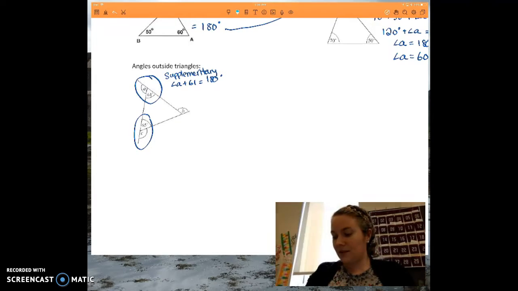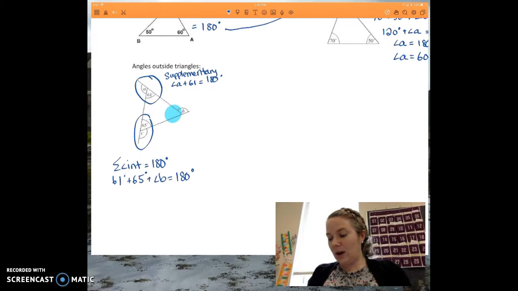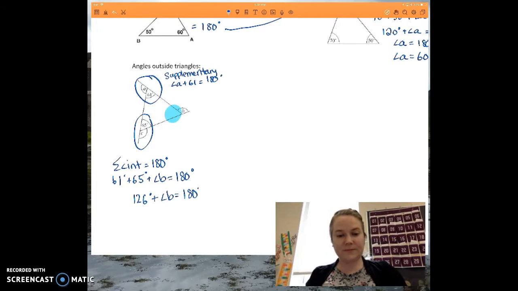Well, first, let's figure out the interior angle that we're missing. So we know the sum of interior angles is 180 degrees because it's a triangle. They're always 180 degrees. So we're going to find that 61 degrees plus 65 degrees plus the angle of B is going to be 180 degrees. 61 plus 65 is 126 degrees, so 126 degrees plus the angle B equals 180 degrees.